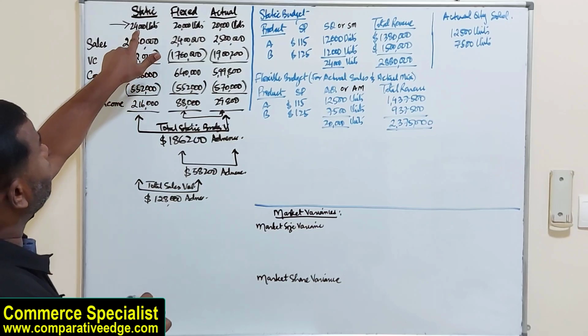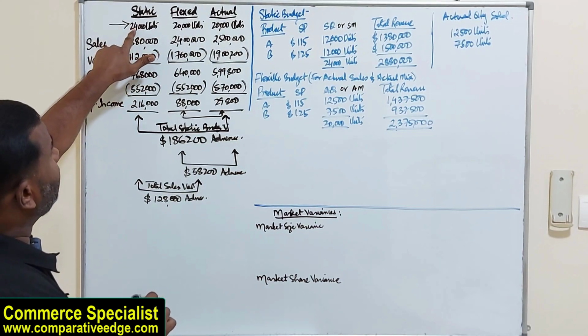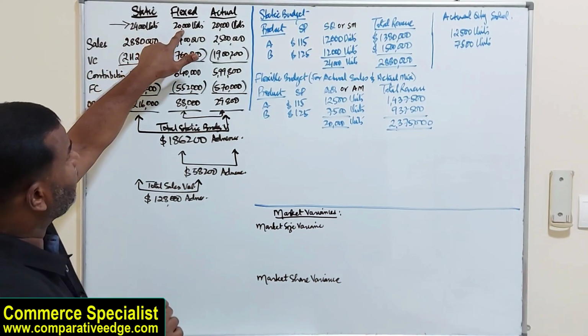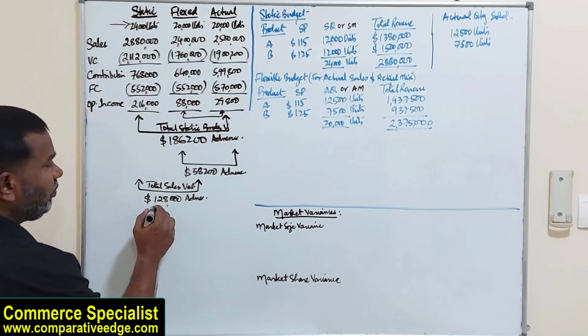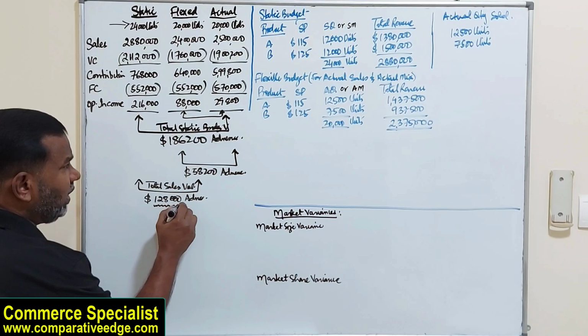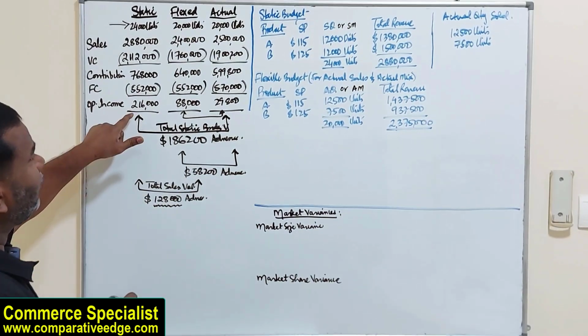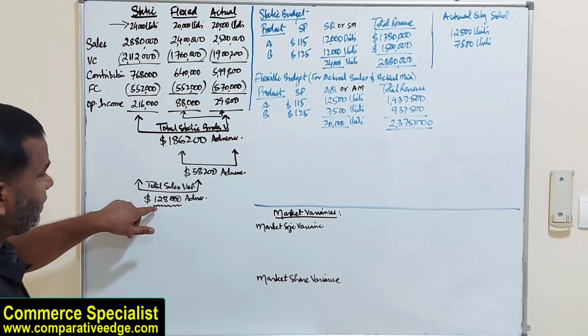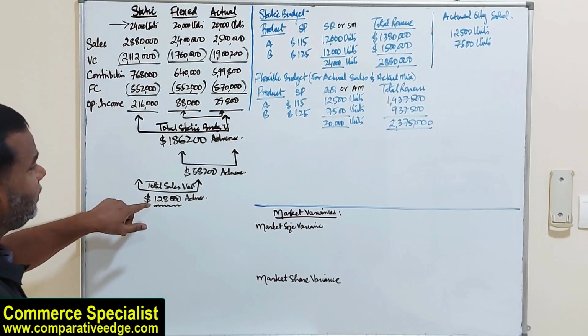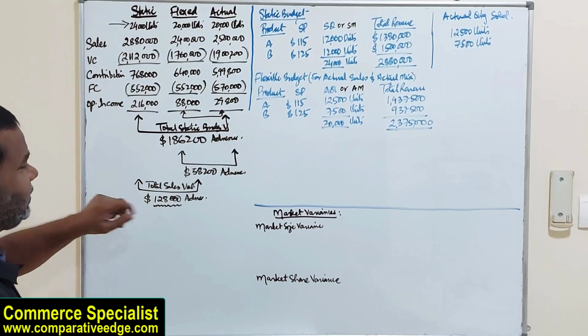You planned to sell 24,000 units, but you only sold 20,000 units. Because of the difference of 4,000 units, what is the profit which you did not make? You were aiming at a profit of 216,000, but you ended up making 88,000. So this is the profit which you lost because of selling 4,000 fewer units.